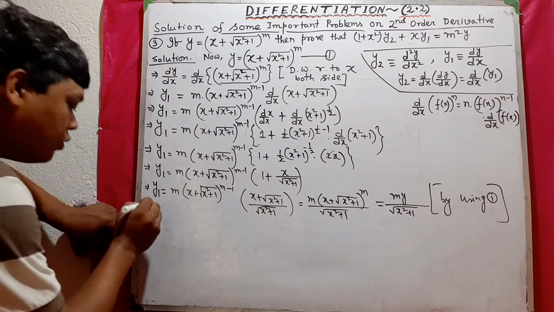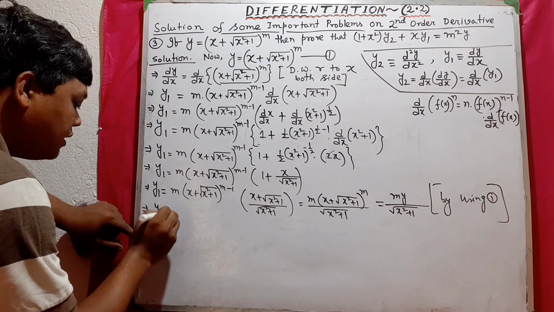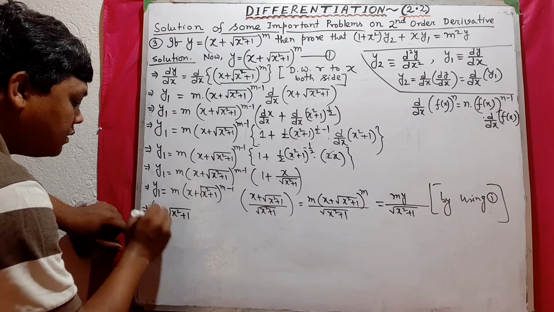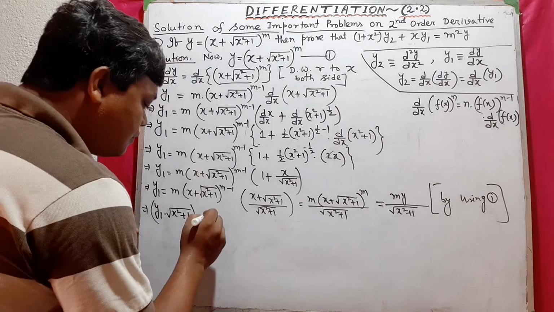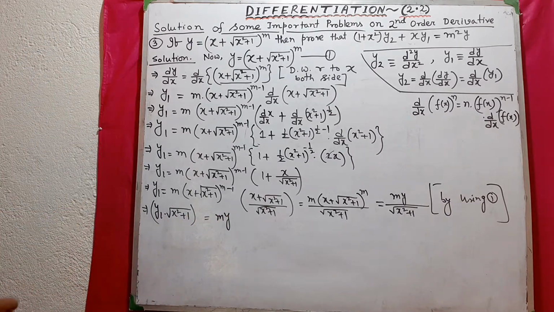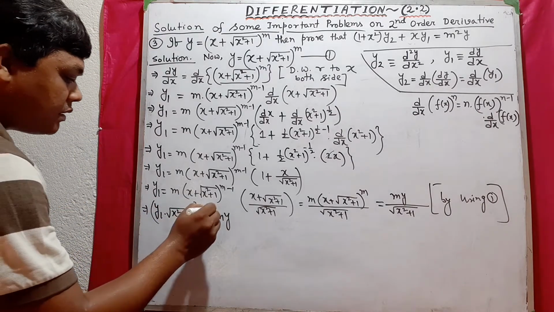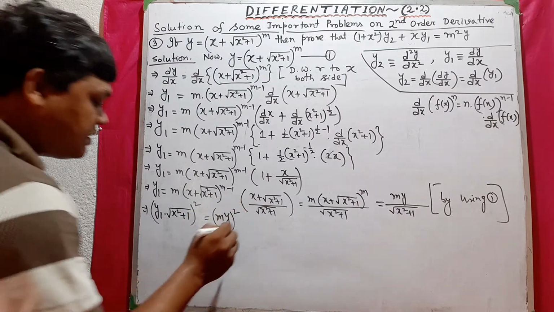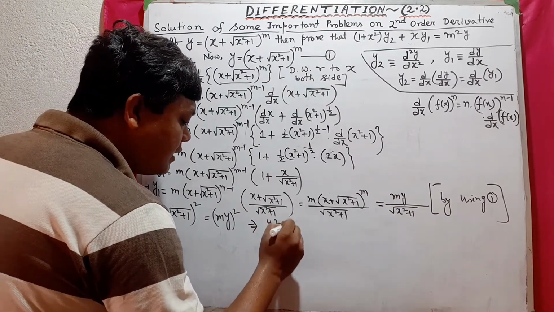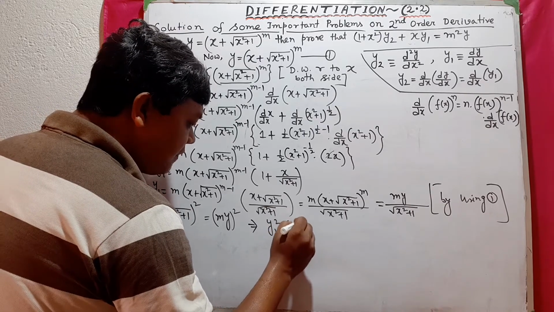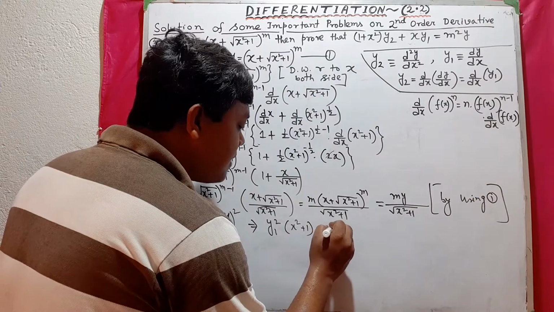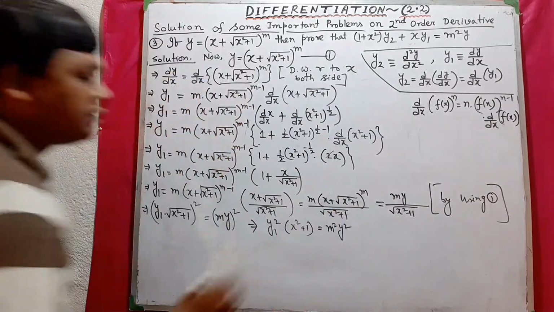So now y1 into square root of x square plus 1 equals m into y. Okay. So now squaring both sides, this implies y1 square into x square plus 1 equals m square into y square.